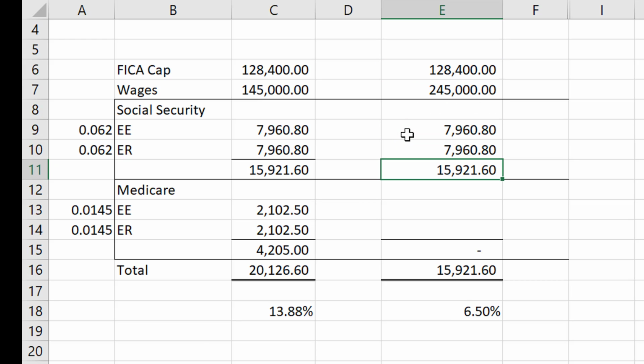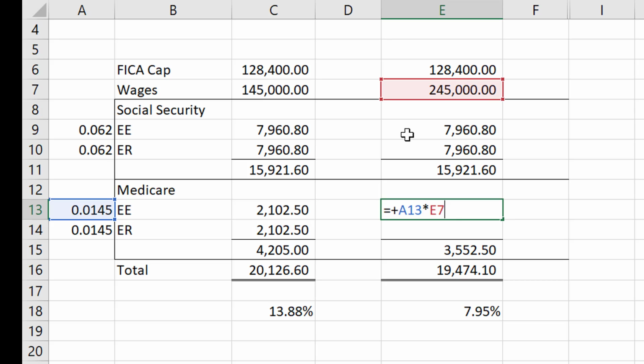So because Sandy was already at the FICA cap, her making another $100,000 does not change her Social Security tax at all. Medicare, on the other hand, recall, is multiplied by the entire amount of wages. Plus, there's a kicker that the Obamacare additional 0.9% also needs to be considered.